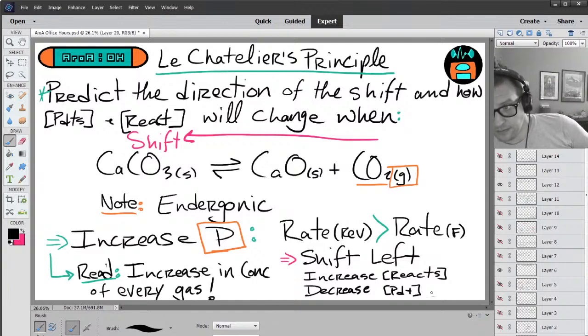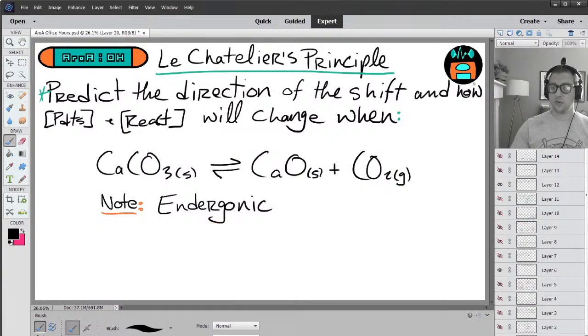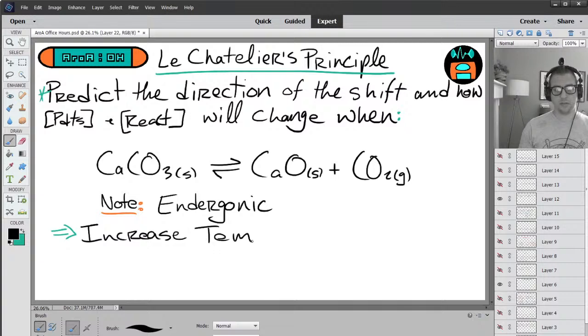All right. We have one last example concerning this reaction. Let's predict which way the equilibrium will shift if we increase temperature.